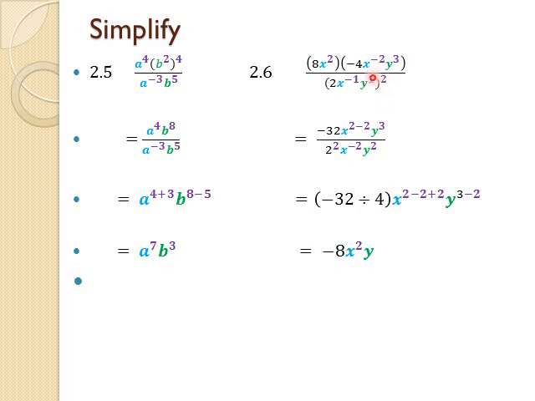So there, we're going to apply fourth law of exponents. We start on the top, 8 times negative 4 gives me negative 32. I have x squared and x to the negative 2. If I multiply, I add exponents. So that becomes 2 minus 2. Y cubed it's on its own on top, so it simply stays y cubed.